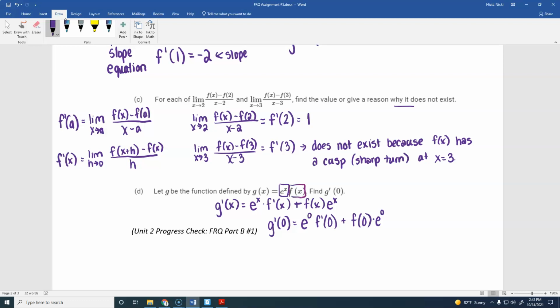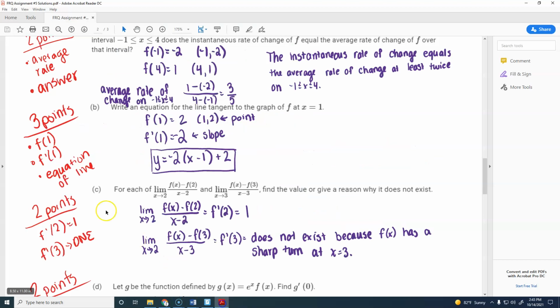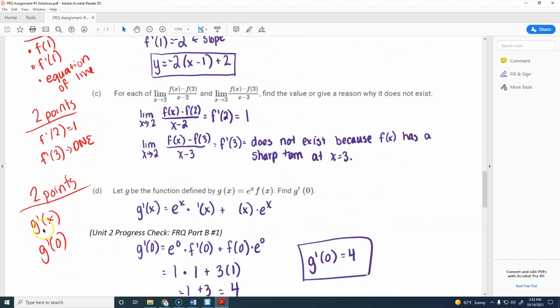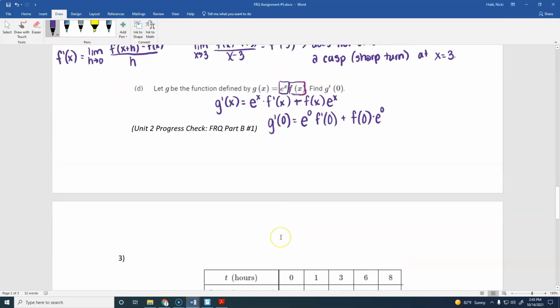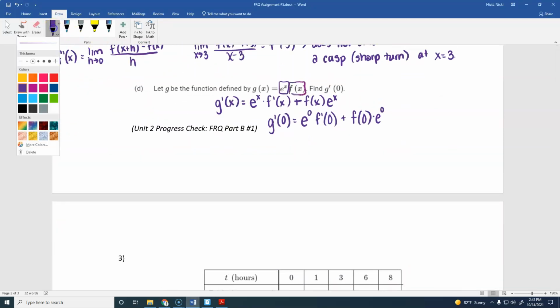So why would writing that not work for both? Like g prime 0 not work for g prime of x? You might be okay, but in this particular case, you get a point for g prime of x. So I would write it with the x just to be sure. Alright.